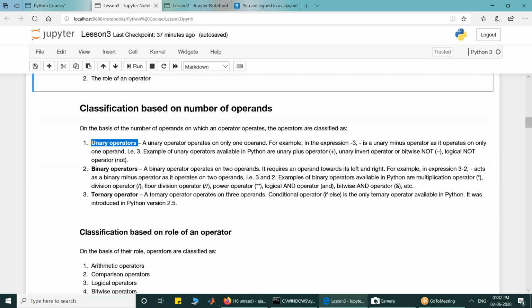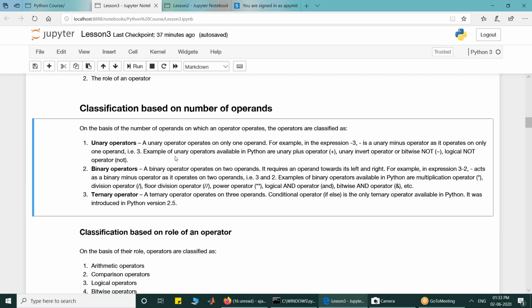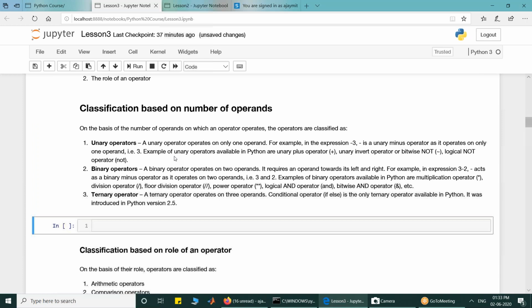Unary operators are those operators which work only on one operand. So if I write it like this, -3, this minus, which is an operator, is now working as a unary minus operator. So this is unary minus.